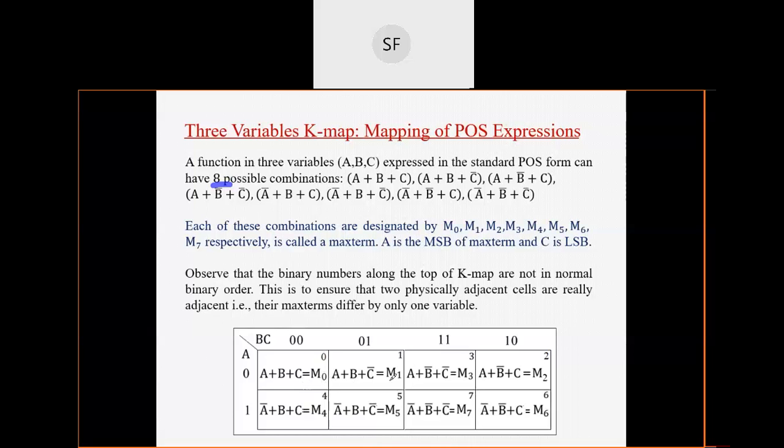So M0, M1, M3, M2, M4, M5, M7 and M6. Okay. So this is regarding 3 variable. This is how your 3 variable K-map will look like, and the max terms associated with this 3 variable K-map using POS expression.